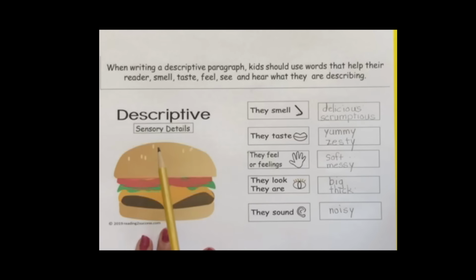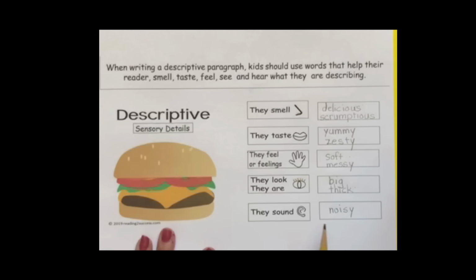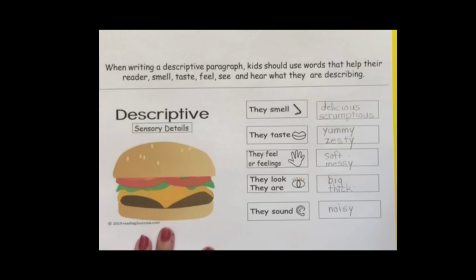So for our sensory details, we're going to include some of these. They smell delicious and scrumptious. They taste yummy and zesty. They feel soft and messy. They look big and thick. And they sound noisy when you eat them.